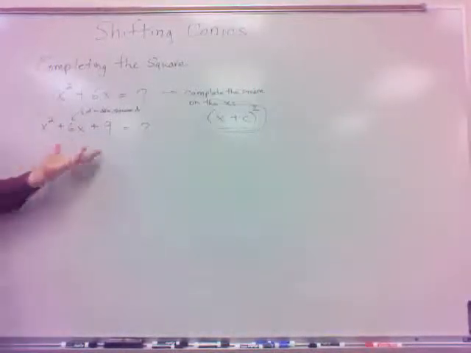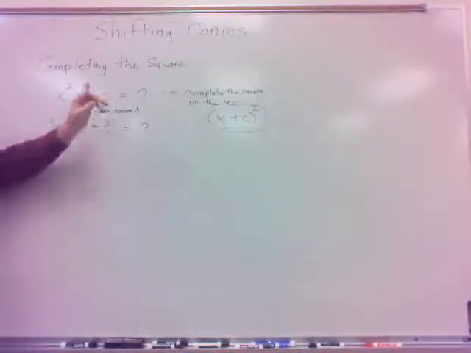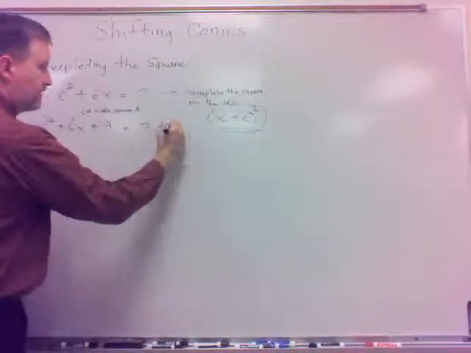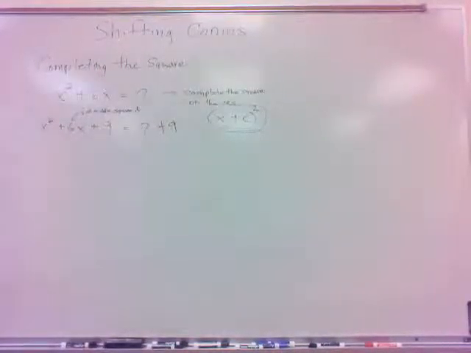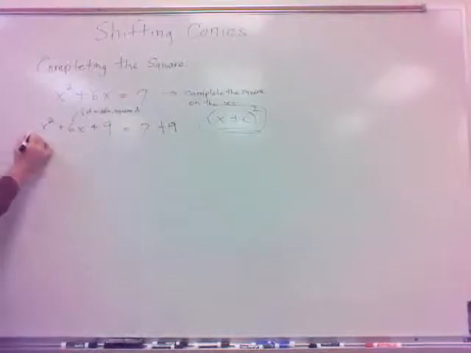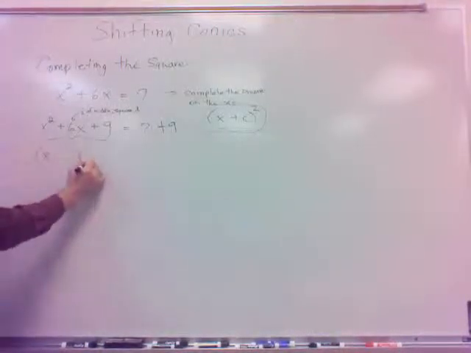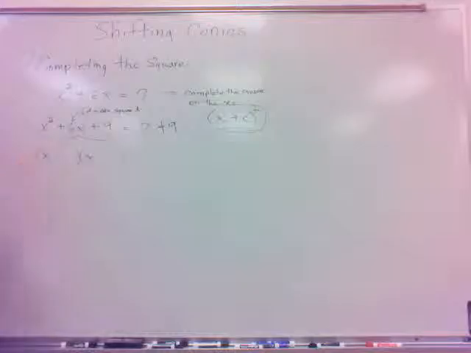Well, this is an equation, so if I add 9 here, what do I have to do also? Add 9 over there. All right? And so what that gives me is, look at factoring that. X squared plus 6x plus 9 does factor: x and x, 9 with 6 in the middle. It's 3 and 3, isn't it?